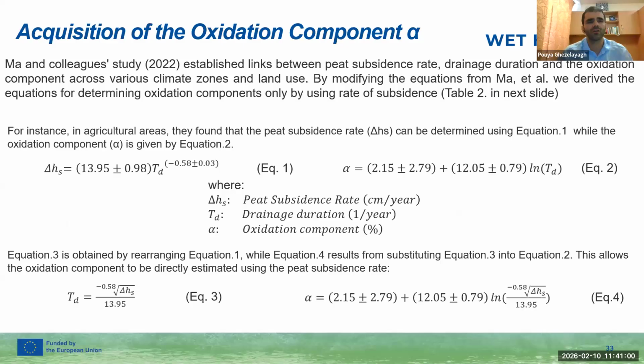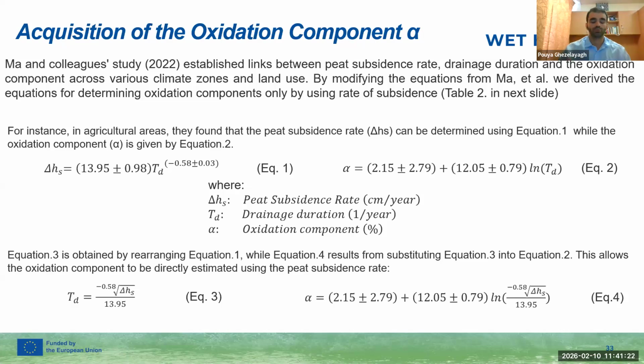For that, we came across great research conducted by Ma and his colleagues, in which they established a link between peat subsidence rate, drainage duration, and the oxidation component.